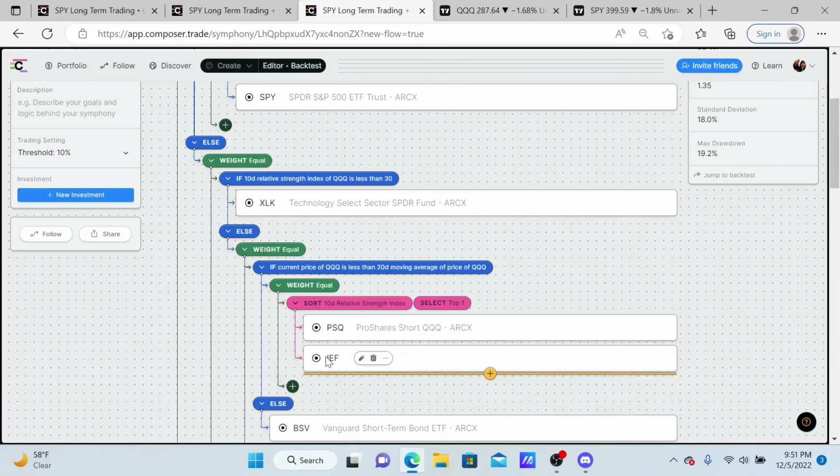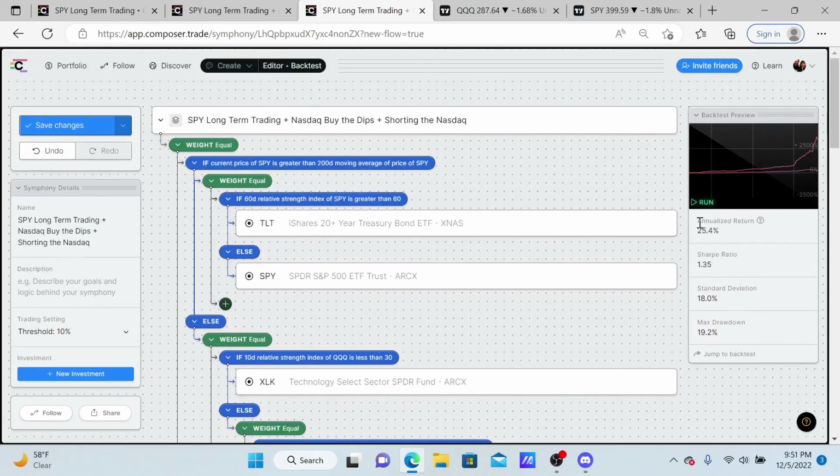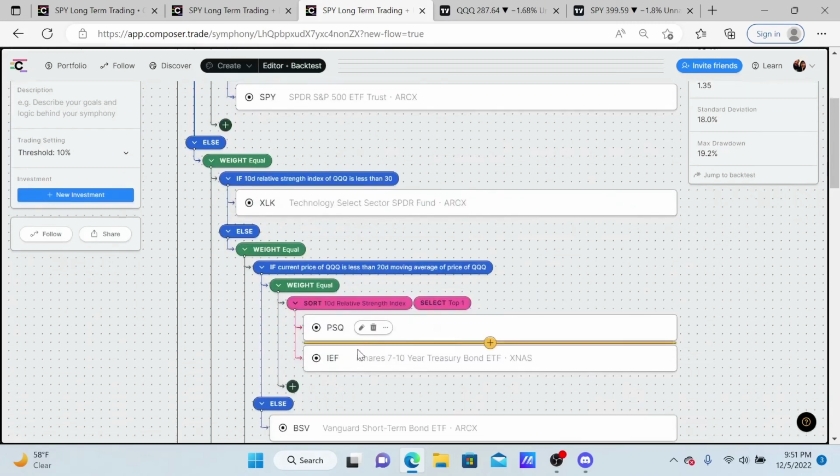So you could use that as an indicator to exit PSQ, which gives an annual return of 25.4% and a max drawdown of 19.2%. So this actually performs better than BSV as an indicator under normal market conditions.